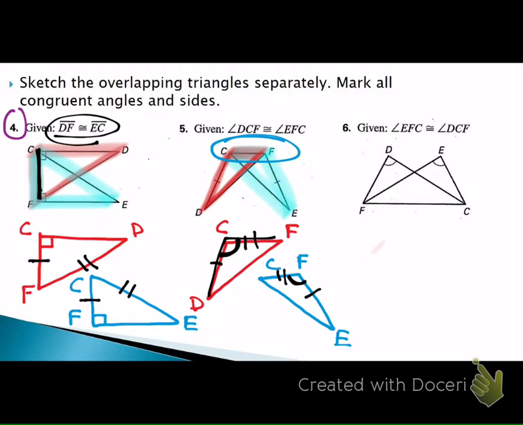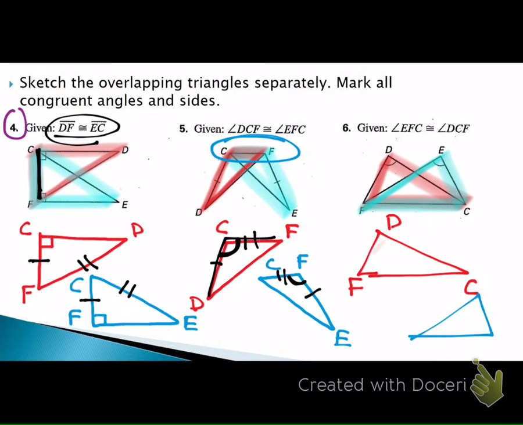All right, and last one. I've got the red guy. And I've got the blue guy. For the red, I got F, C, D. I've got the blue, F, C, E. These angles up top were labeled congruent.